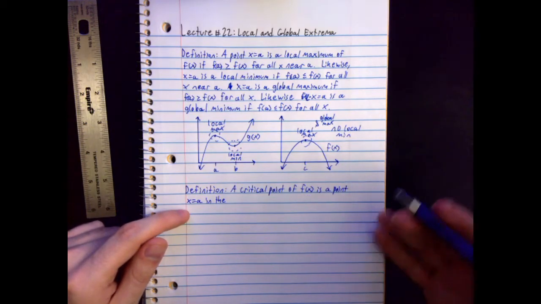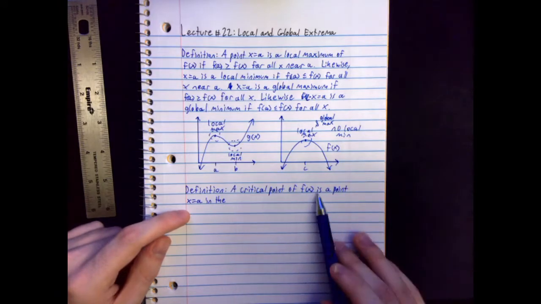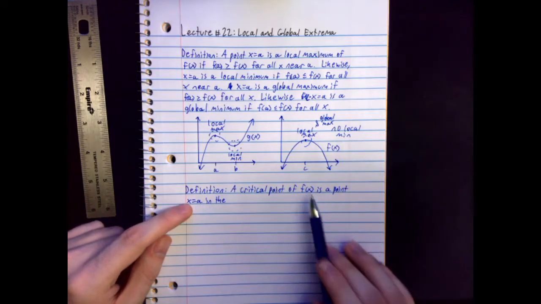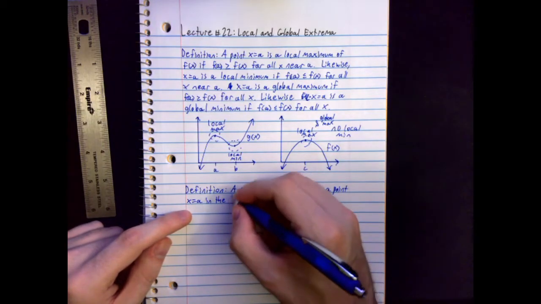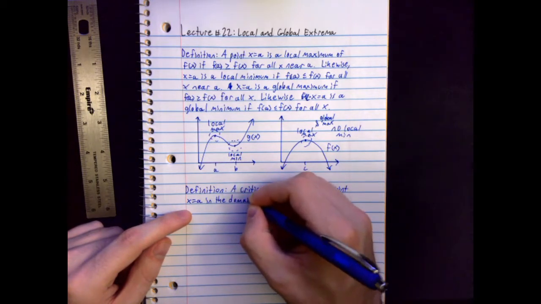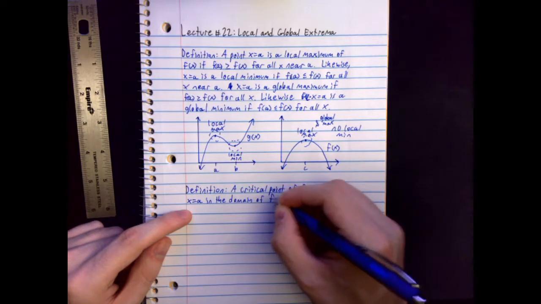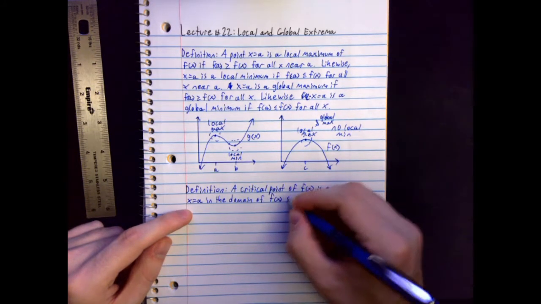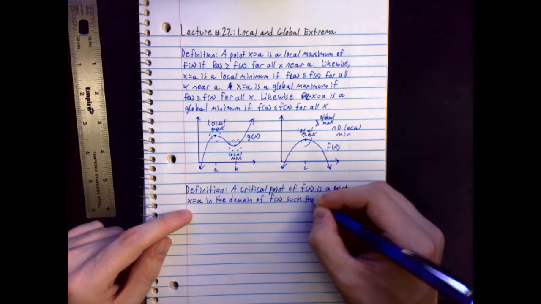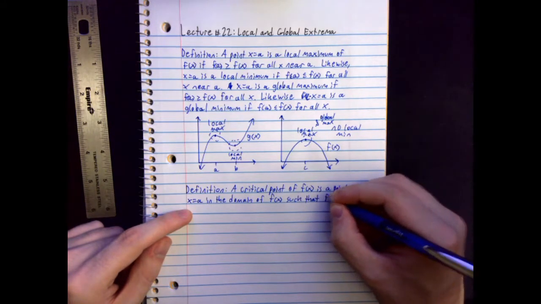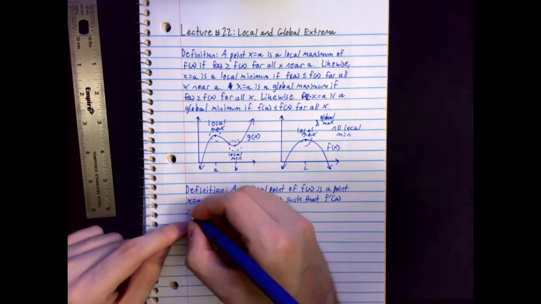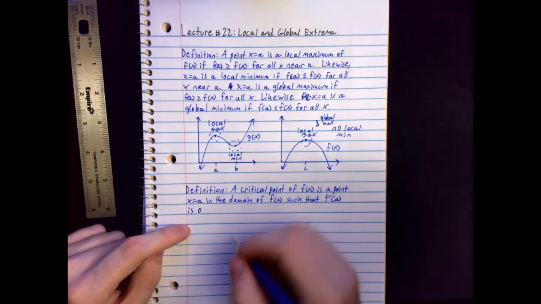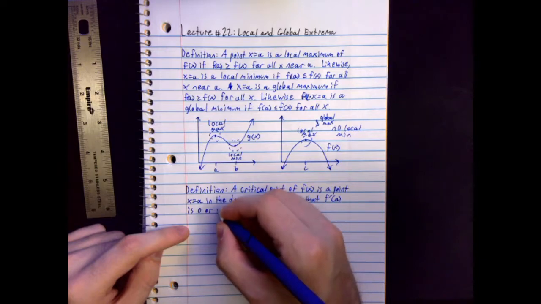Those numbers aren't even in the domain of f of x. So at the points where I can actually evaluate f of x, this point is a critical point if, or such that, f prime of a, so the derivative of f, is 0 or undefined.